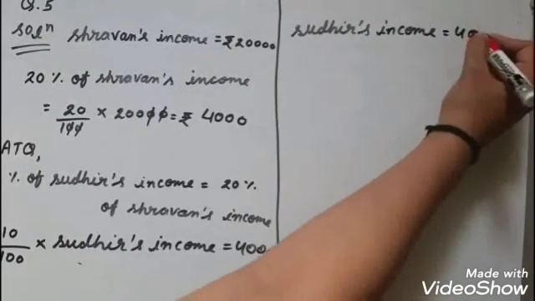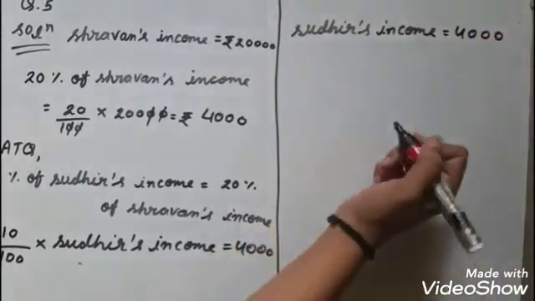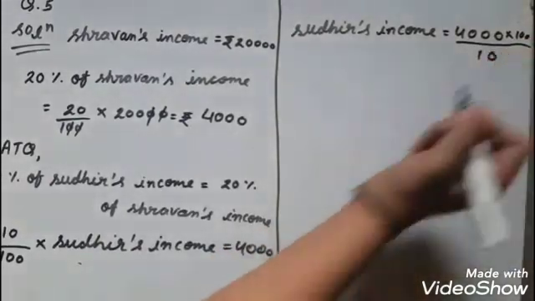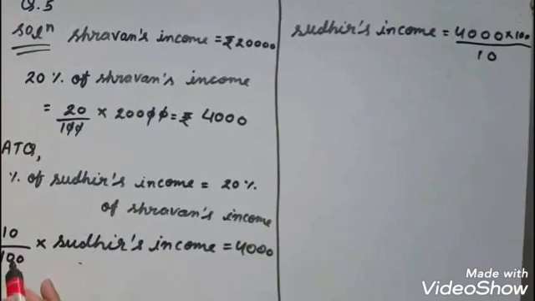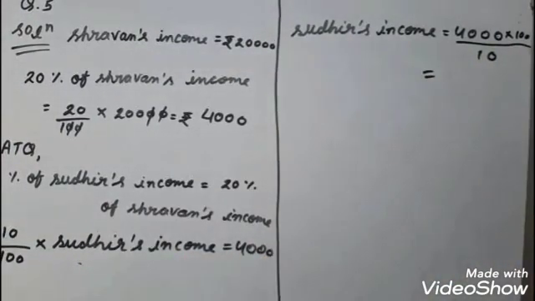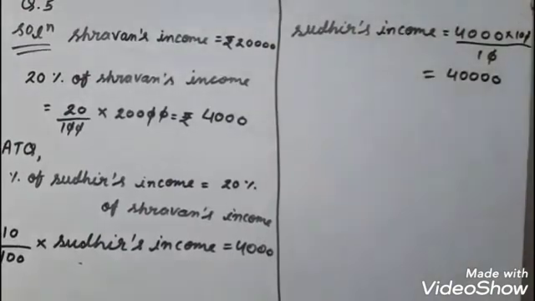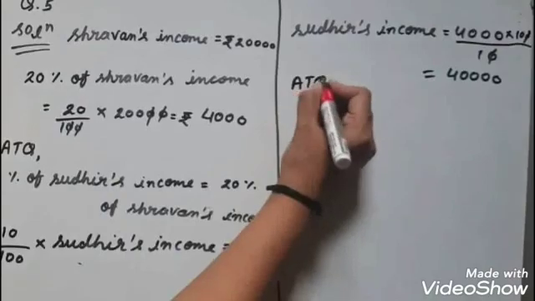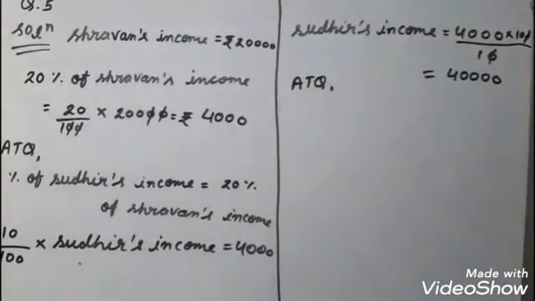So 4,000 into 100 upon 10. We are shifting this 10 and 100 to that side, and after calculation the amount is rupees 40,000.